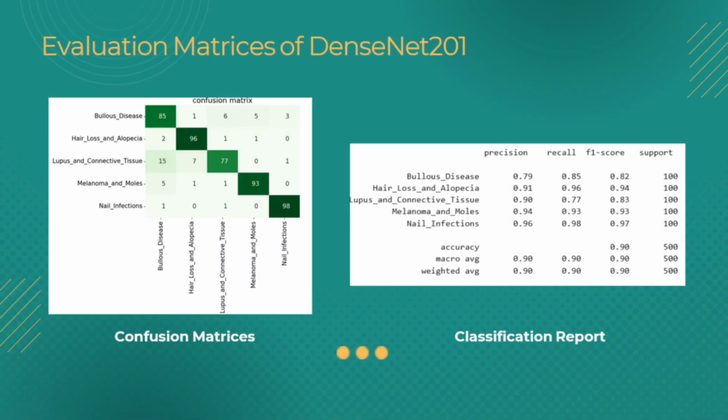Whereas coming to DenseNet201, we have the confusion matrix, which shows it predicted mostly correctly, and the rest are misclassified, which are very minimal. If you come to the classification report, you can see that it achieved about 90% accuracy.